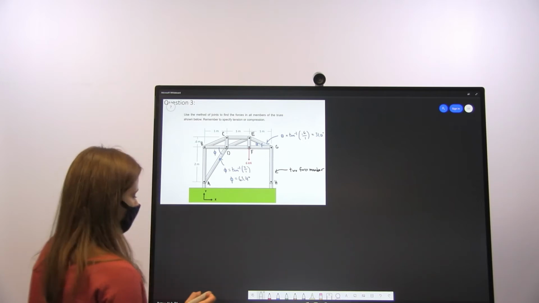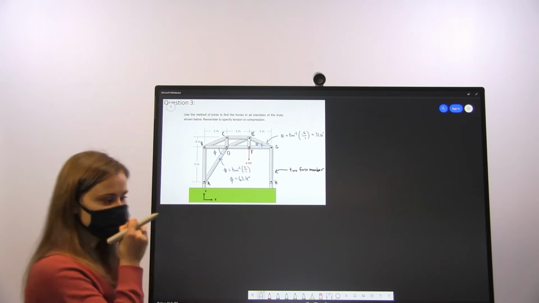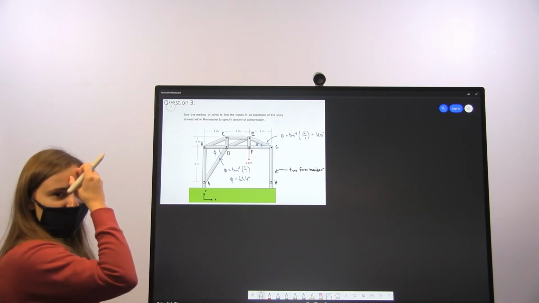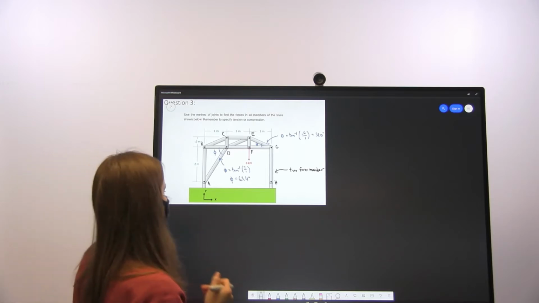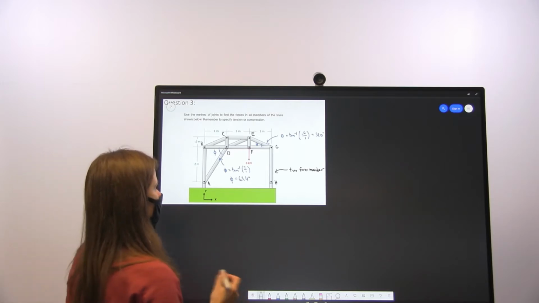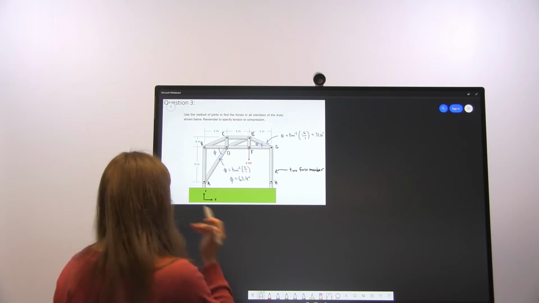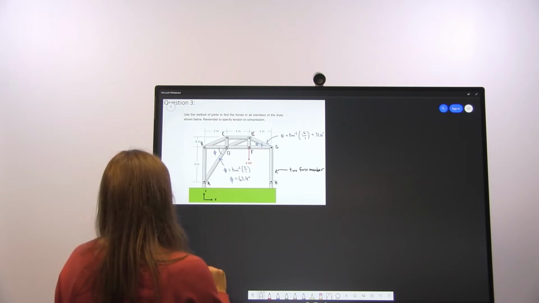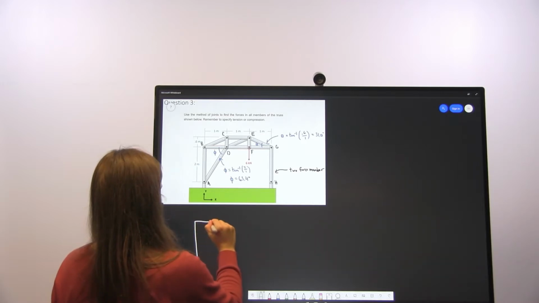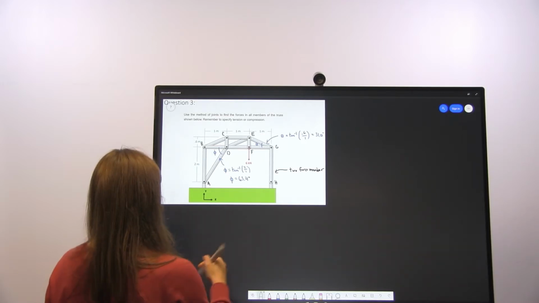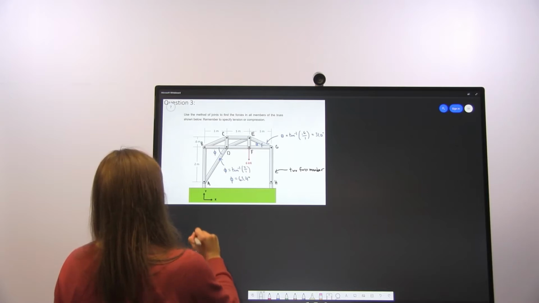So a good plan of action is to redraw this truss, but make sure that it's drawn in a way that shows us what we're going to need to use, and see if we can find any forces right off the bat. So I'm going to draw this.